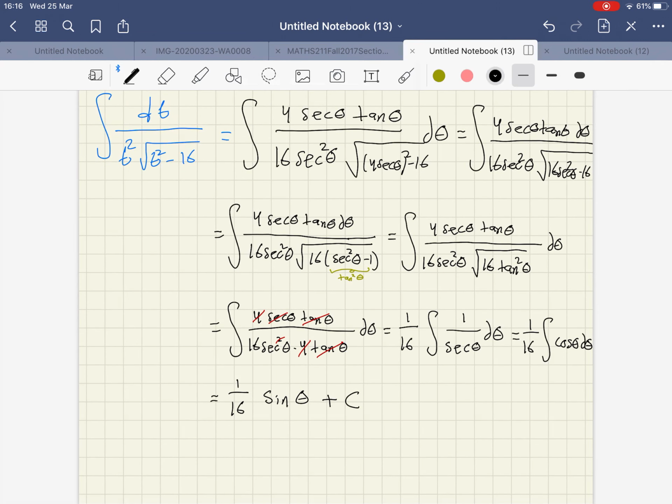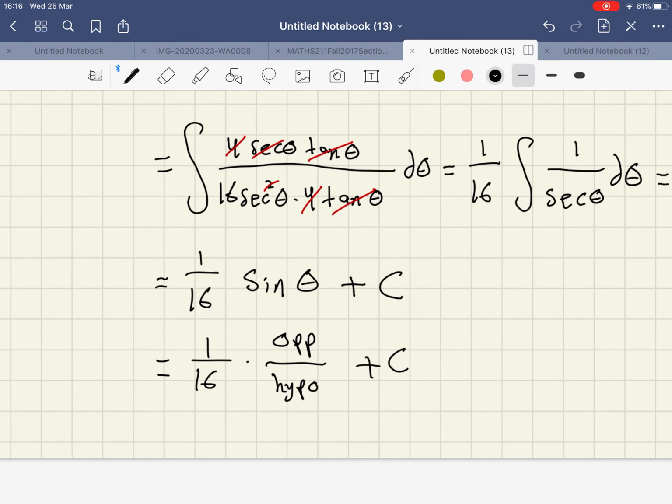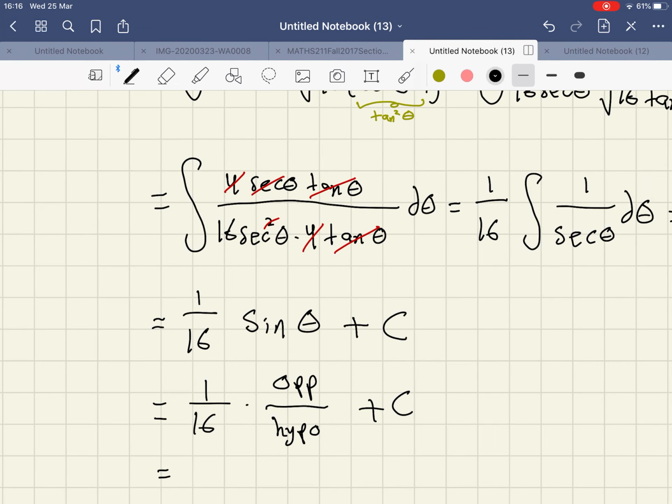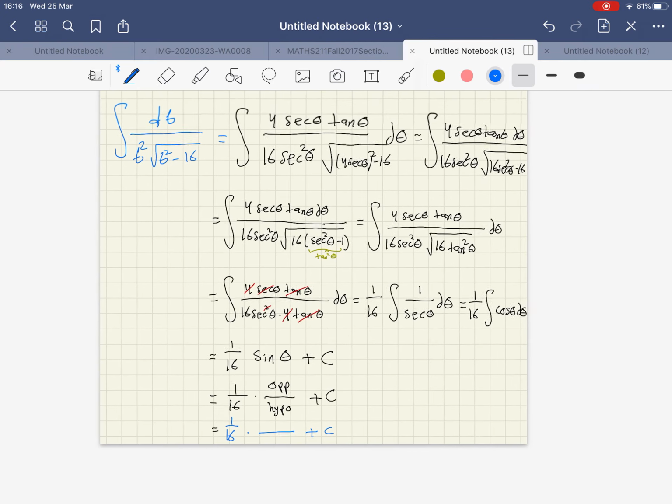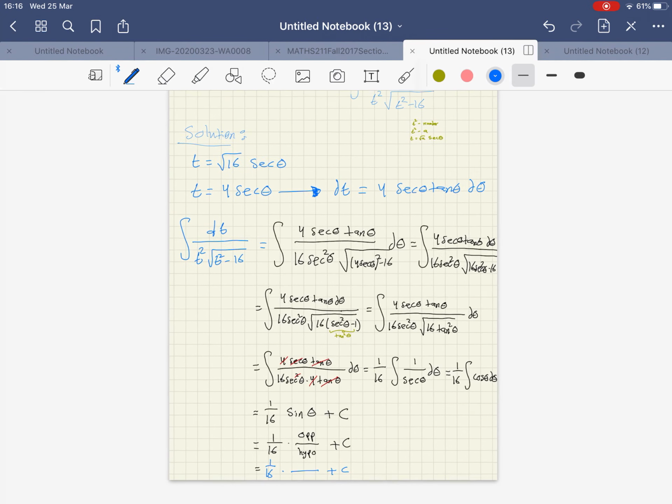Now, if you remember, and this is what we did before, let me just prepare everything. Sine with respect to theta is always the opposite over the hypotenuse. All we need to do next is find how much is the opposite and how much is the hypotenuse. Let's find the opposite in the next page.